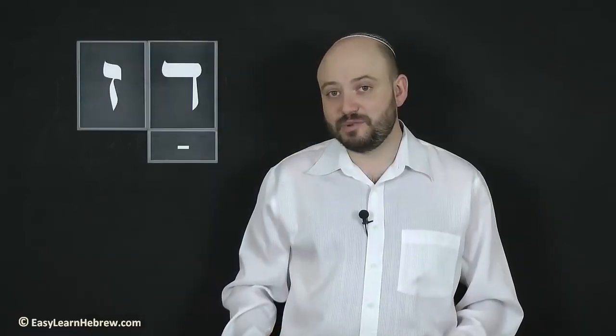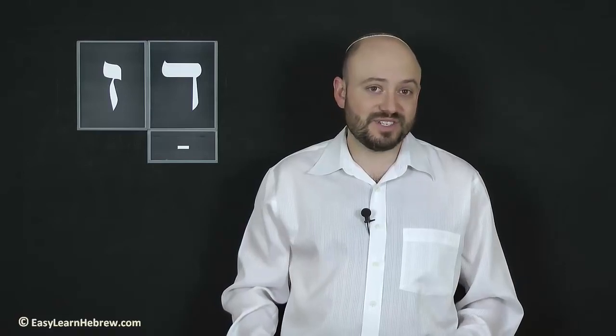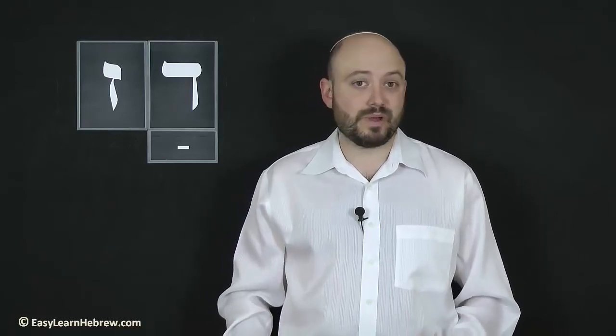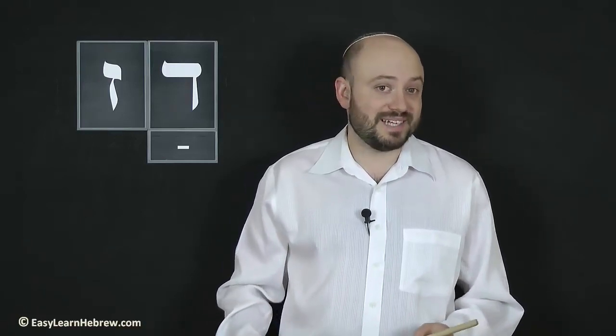The second type of syllable we're going to look at is made up of a consonant, a vowel, and a consonant. Let's read the following examples together. A reminder, when we read Hebrew, we read from right to left, reading the consonant first, then the vowel.